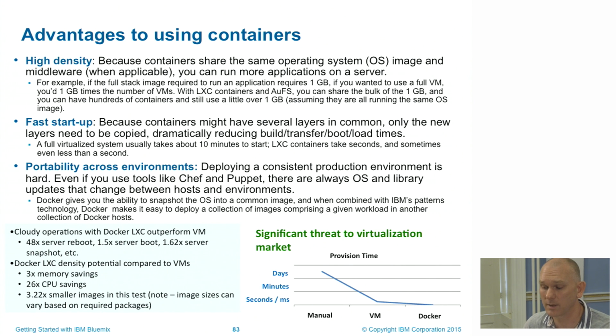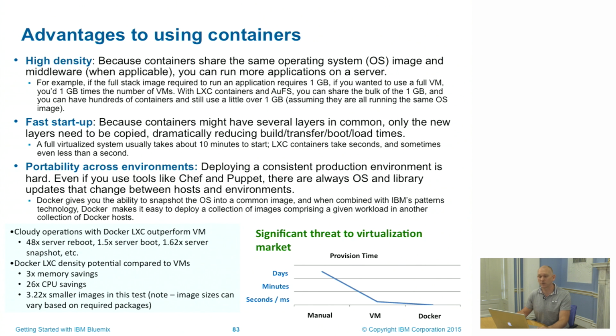The advantage of using a container is they're much higher density. Because they all share the same underlying operating system image, and in some cases they can share the middleware images, then I can run a lot more containers on a single physical machine. Because containers don't need to start up the underlying operating system like a virtual machine has to do, they are very, very fast to start up.